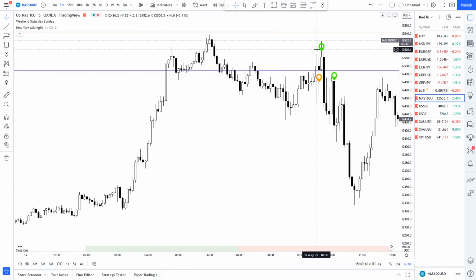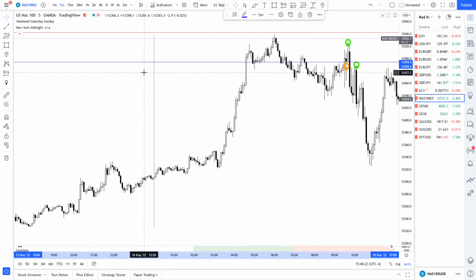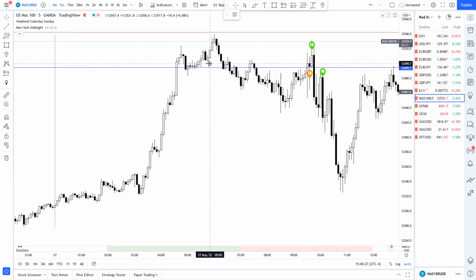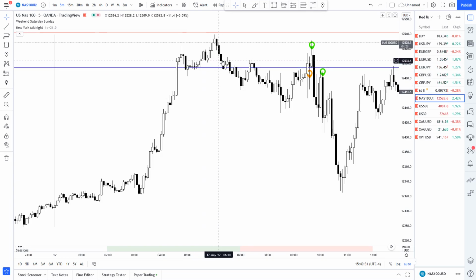So first example, this green one. So this is the higher time frame short RMR. So it breaks a swing high up here, the previous day high, shifts below the most recent low swing, and returns to a gap present. This is not a 1 minute gap.